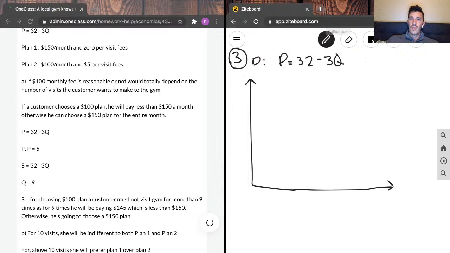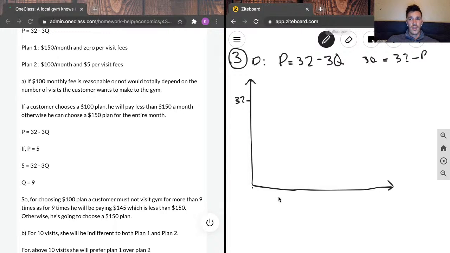If we were to rearrange this, 3Q would equal 32 minus P. So at the quantity of 0 here, we would have a demand price of 32, right?